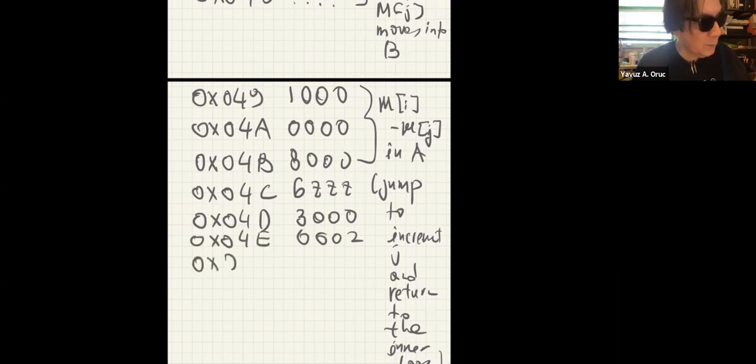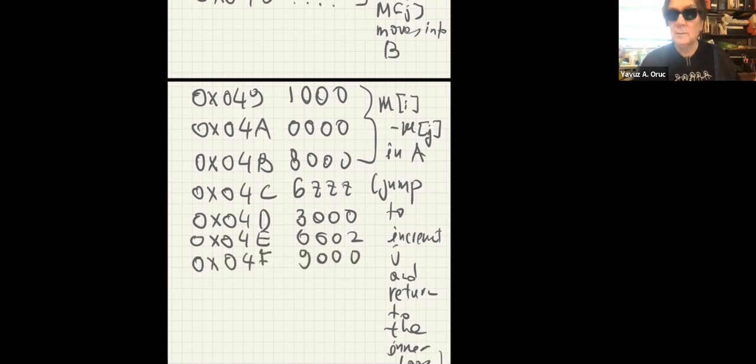And the decrement is what? 900? That must be decrement. And then push it back into the index register.